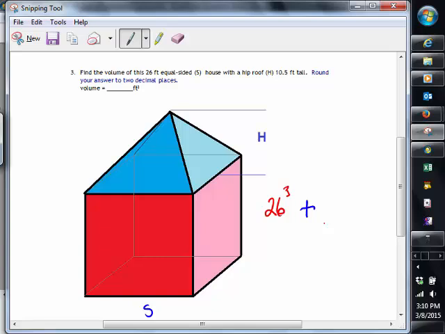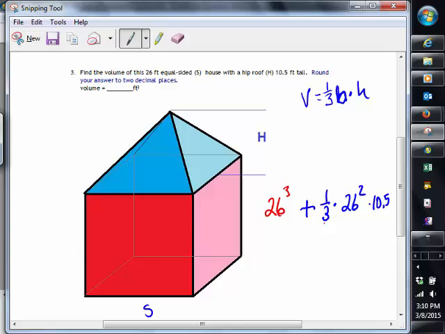the pyramid. Now the volume of a pyramid is 1/3 base times height. So it'll be 1/3 times the area of the base is 26 by 26, or 26 squared, and it says the height of the hip roof is 10.5.